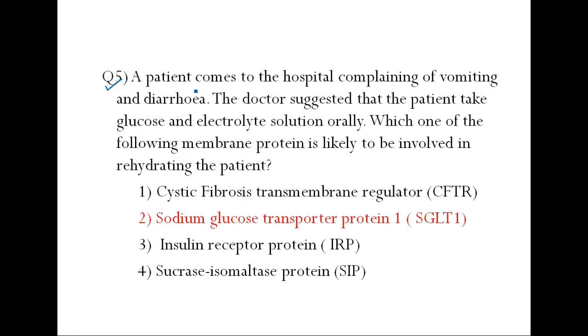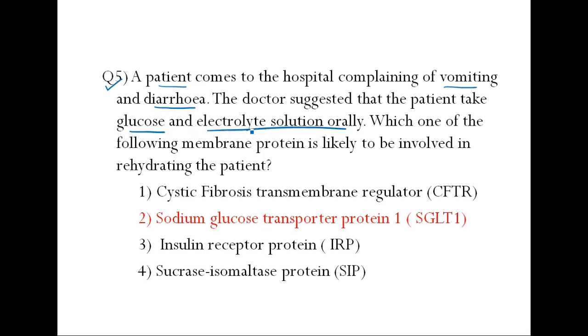Next, a patient comes to the hospital complaining of vomiting and diarrhea. The doctor suggested that the patient take glucose and electrolyte solution orally. Which one of the following membrane proteins is likely to be involved in rehydrating the patient? So in this question, it is given that a patient is having diarrhea and vomiting, and the doctor has suggested glucose and electrolyte solution.